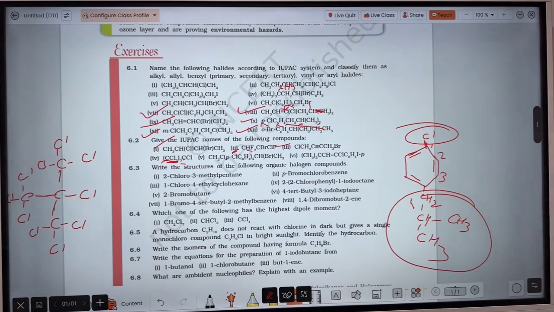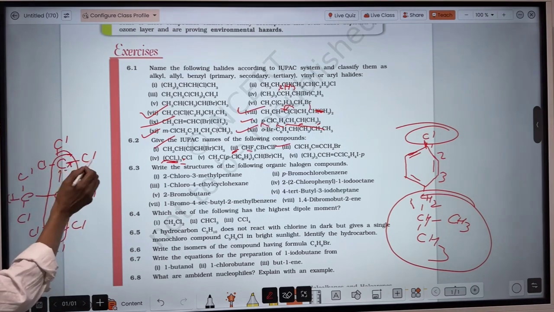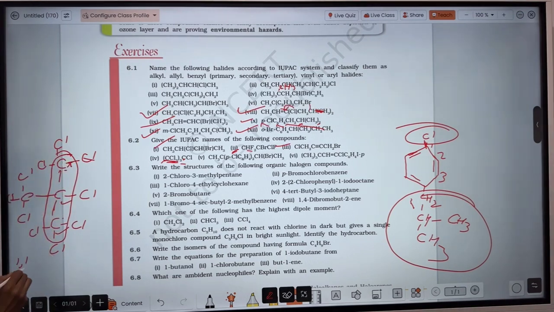It's IUPAC nomenclature, very easy, any one of them, 1, 2, 3, that will be the main chain. Here 1, 1, 1, 2, 3, 3, 3, 1, 1, 1, 2, 3, 3, 3. How many? 1, 2, 3, 4, 5, 6, 7. 2, 4, 2, 5, and 6.